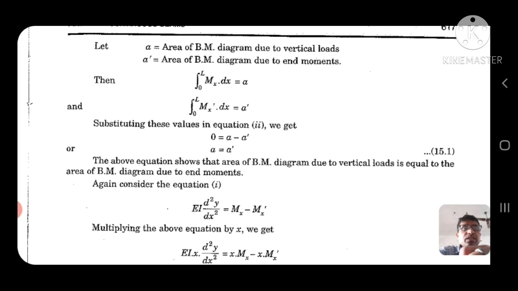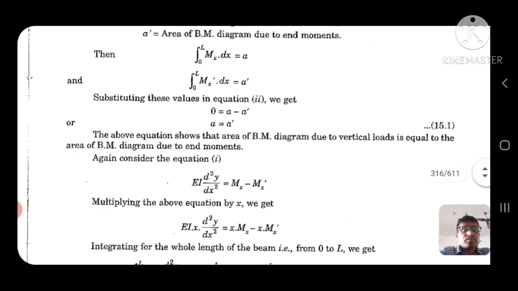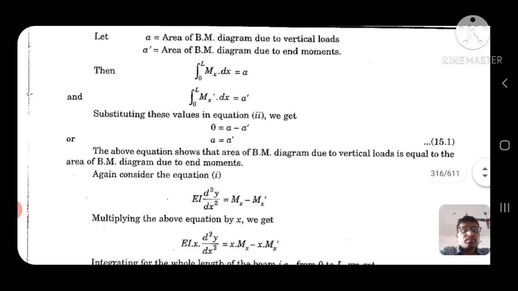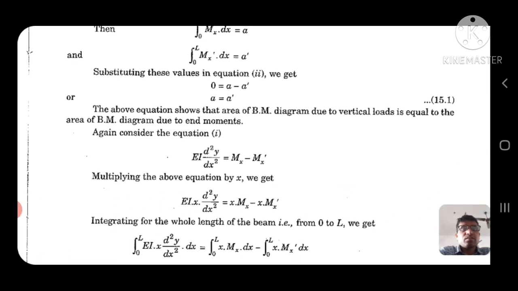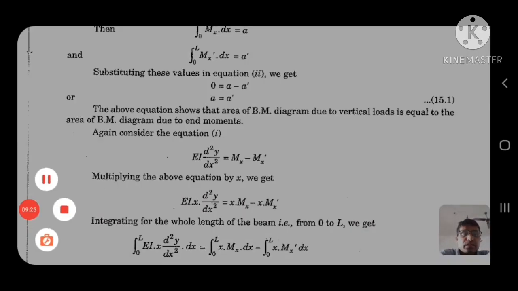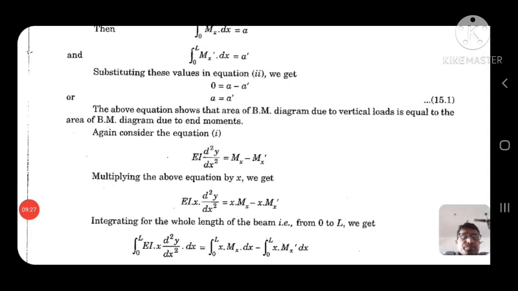Substituting these values in the equation, we get 0 is equal to A minus A prime. Therefore, A is equal to A prime.